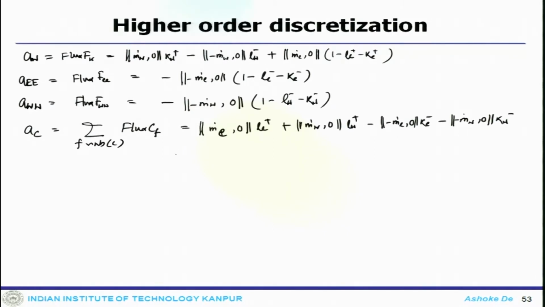So, that is nothing but minus (AE plus AW plus AEE plus AWW) plus M dot E plus M dot W. So, that is what you get.